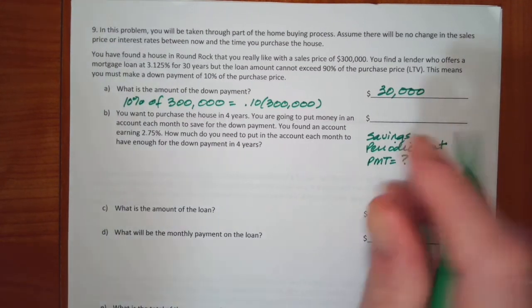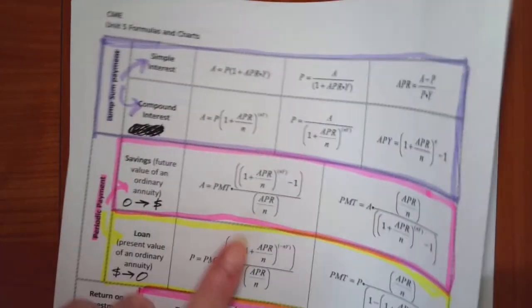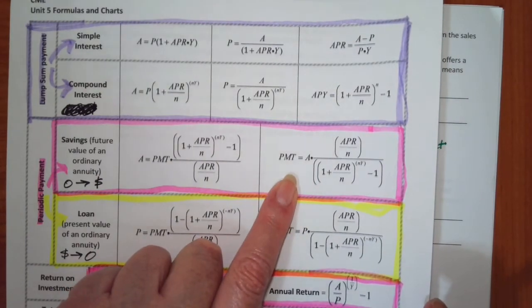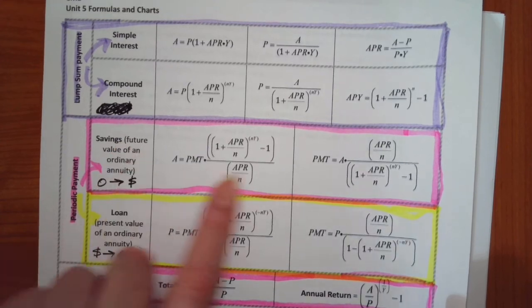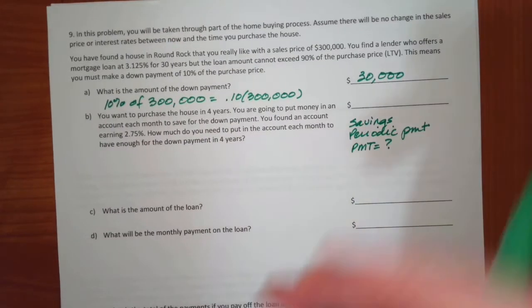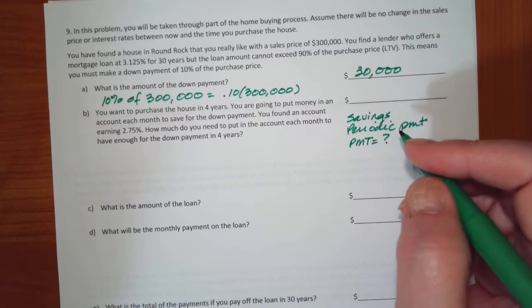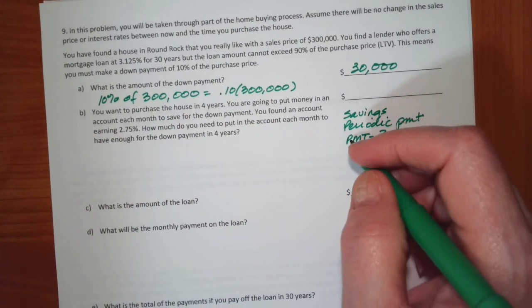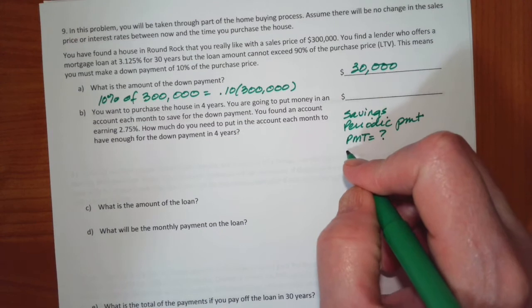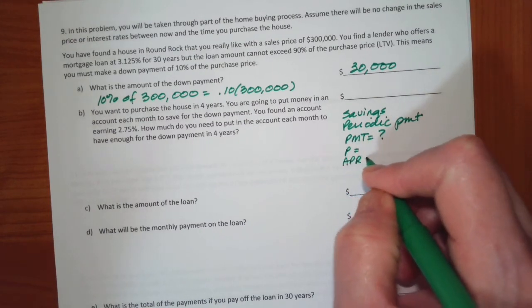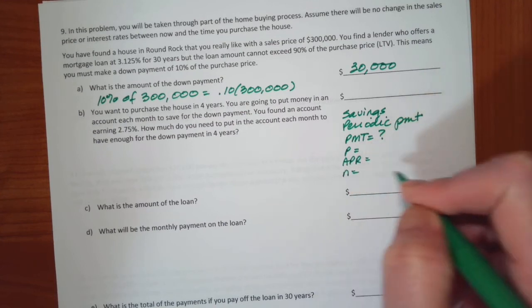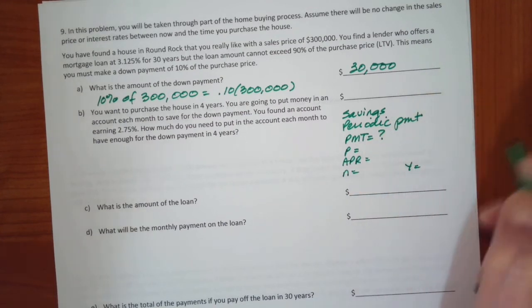So that tells us that we are going to use this formula right here. It is periodic payment, savings, and we're solving for the payment. Okay, so the other things that I need to know then are the principal, the APR, the N, and the Y. I'm going to do that over here.